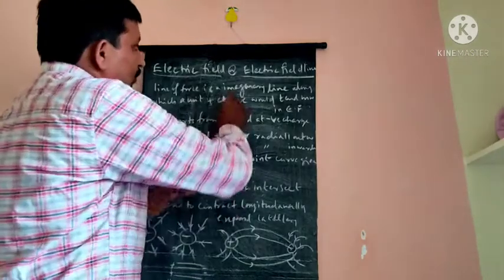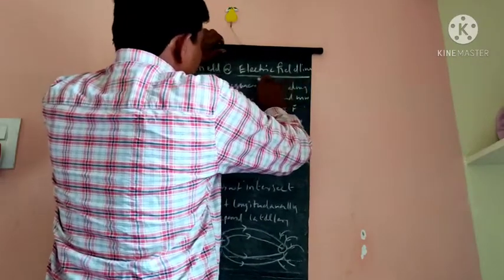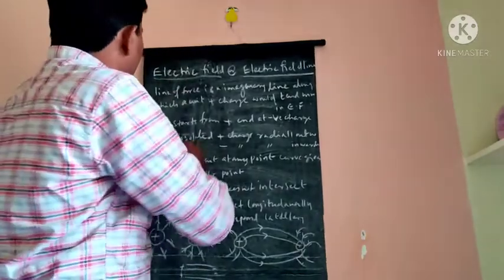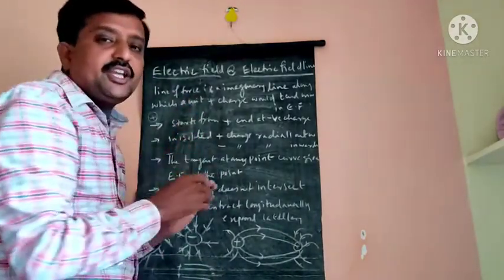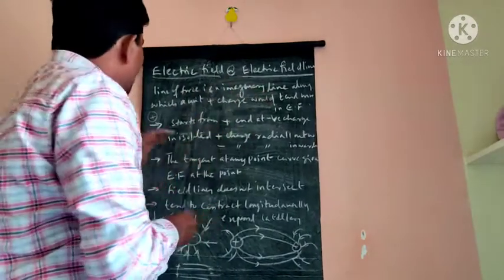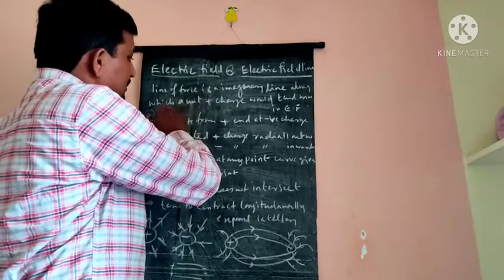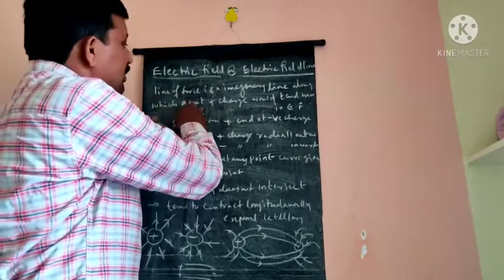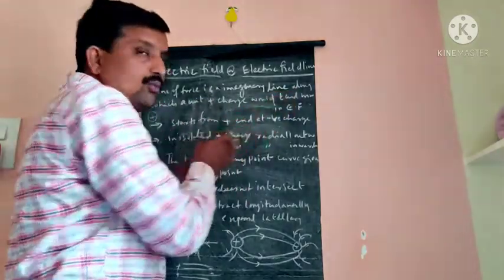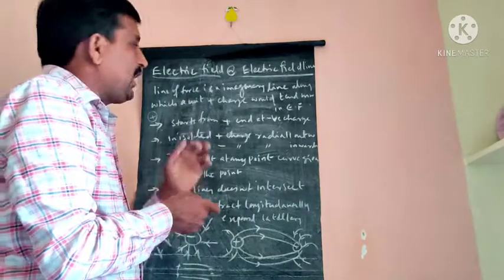Electric field lines are also called lines of force. What is called an electric field line? An electric field line is an imaginary line along which a unit positive charge tends to move in an electric field.